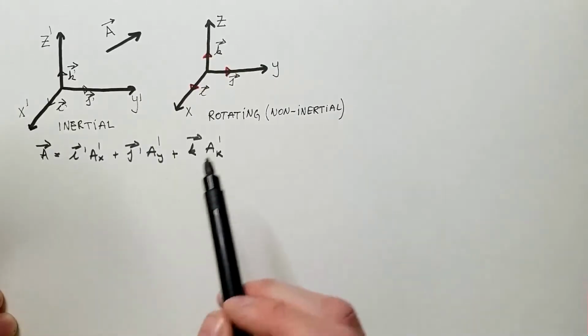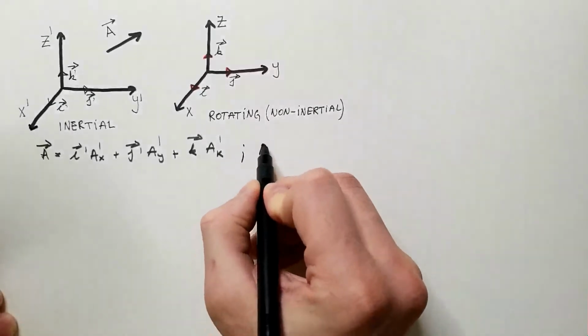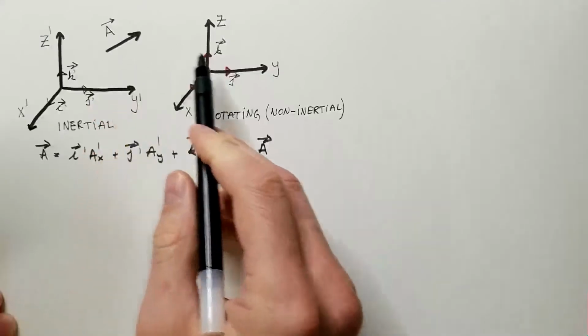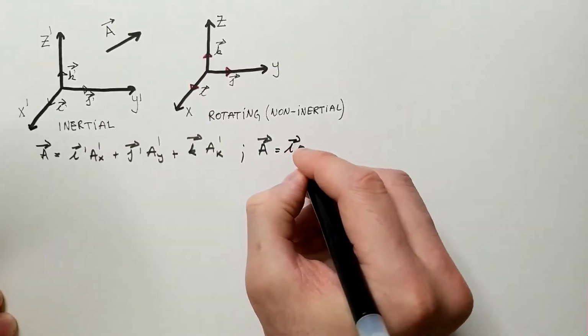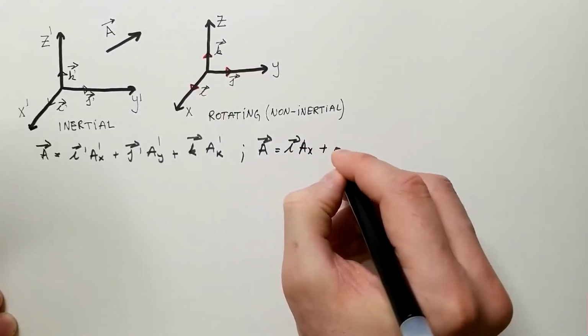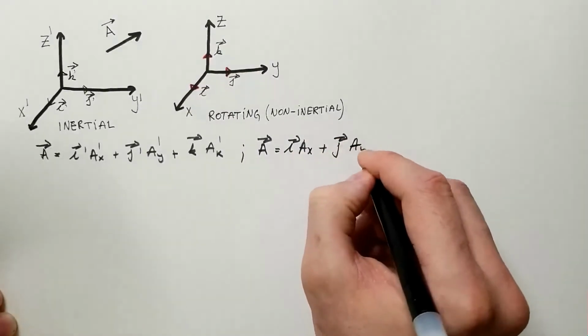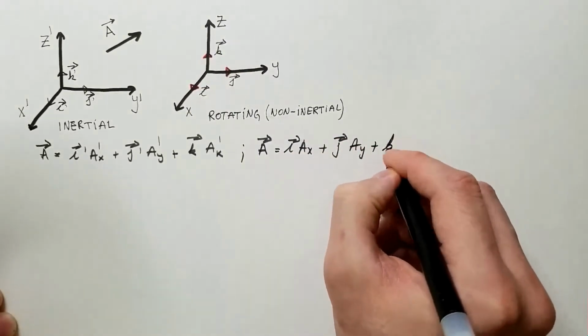Simple business. Now vector A, the same vector A, in this rotating coordinate system is clearly i Ax plus j Ay plus k Az.